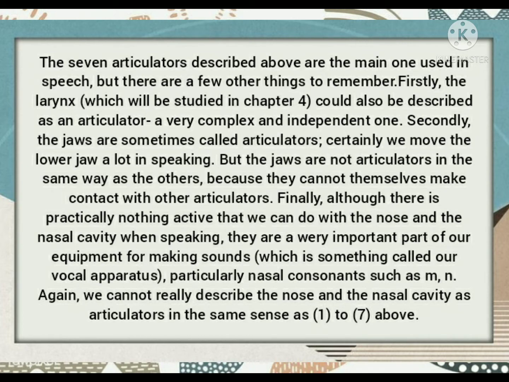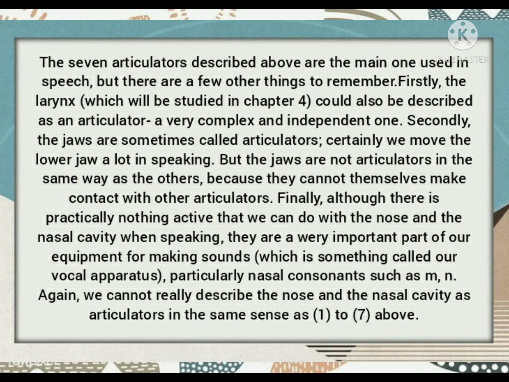Firstly, the larynx, which will be studied in Chapter 4, could also be described as an articulator, a very complex and independent one. Secondly, the jaws are sometimes called articulators.